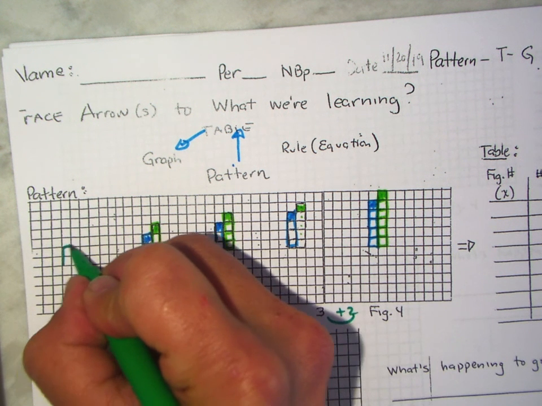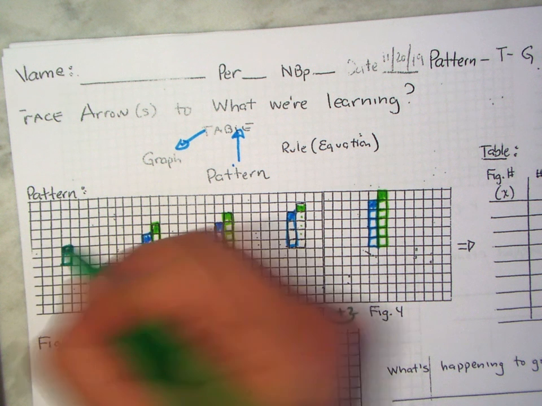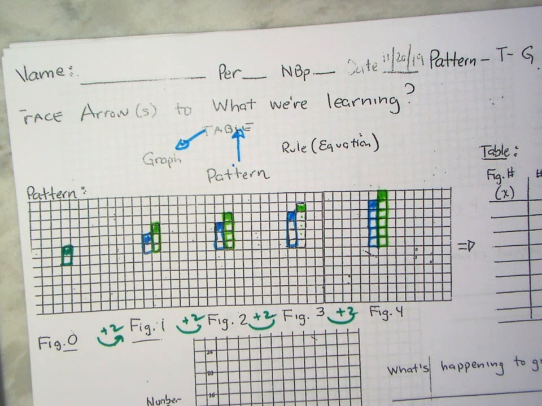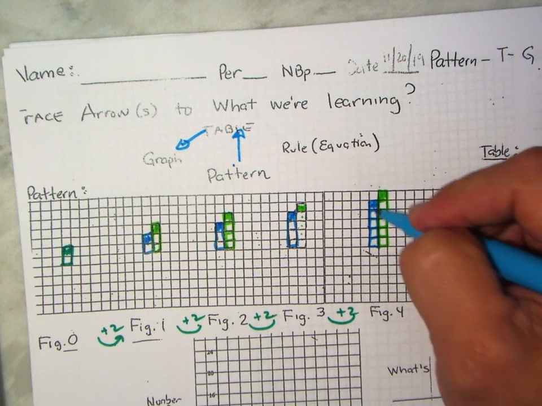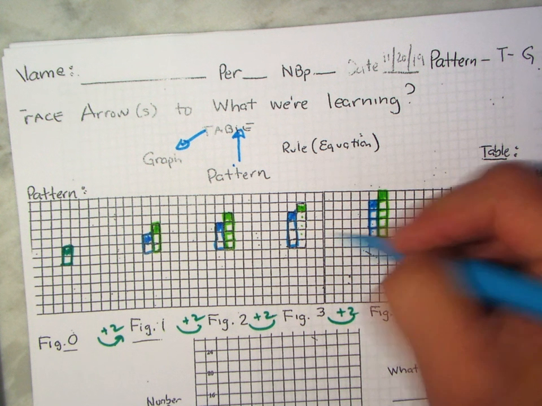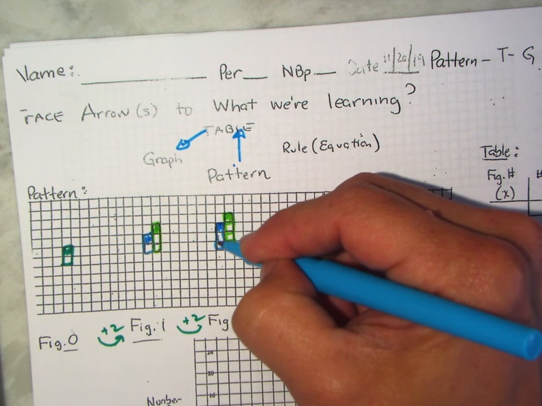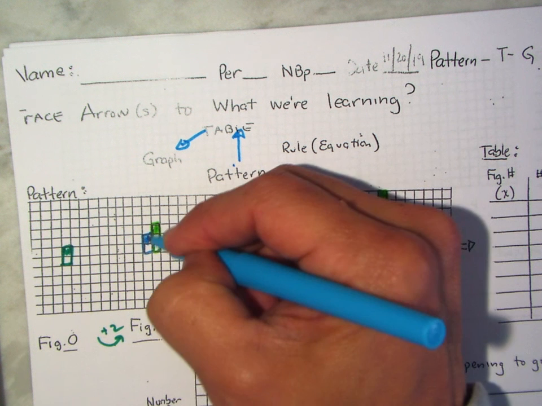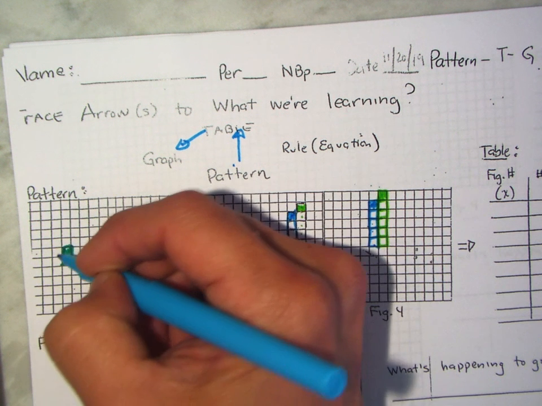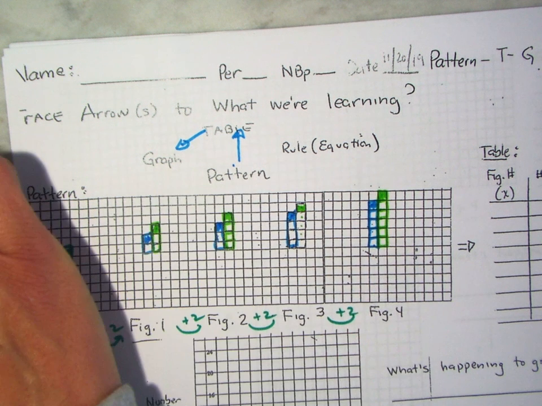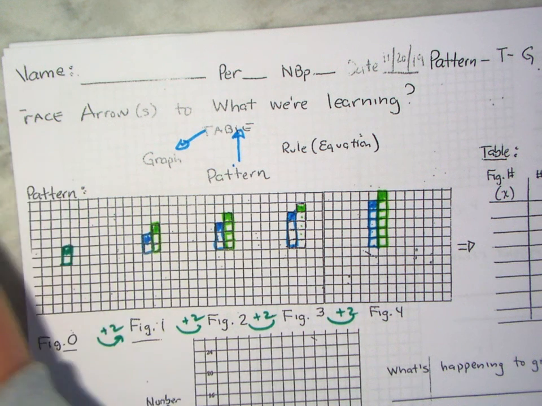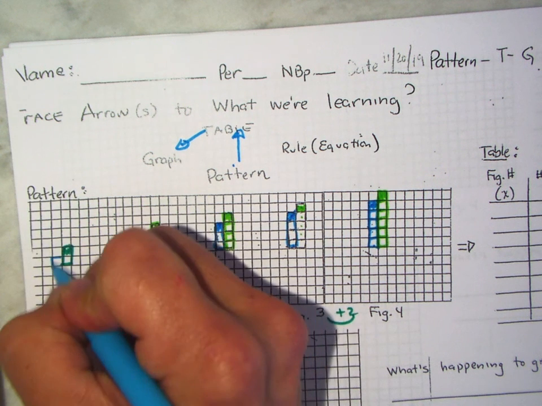Yeah, 2. And I shade in 1. And then the blue one's going to have 1, 2, 3, 4, 5, then 4, then 3, then 2, and then 1 right here.